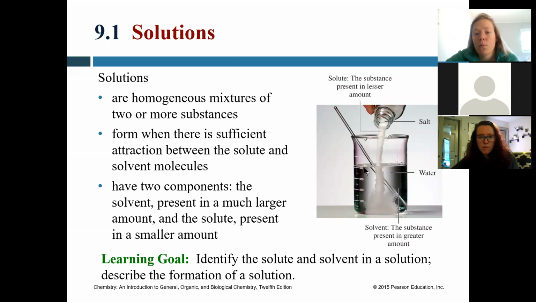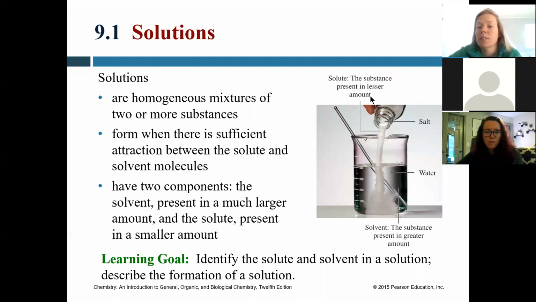And these form when there's a sufficient amount of attraction between the solute and the solvent molecules. So in this mixture over here, the solute is the substance that we have less of, or usually it's also the solid. If we have a solid and a liquid, the solute is what's getting dissolved. The solvent is usually the thing that we have a larger amount of.